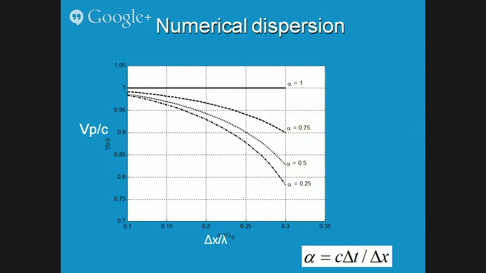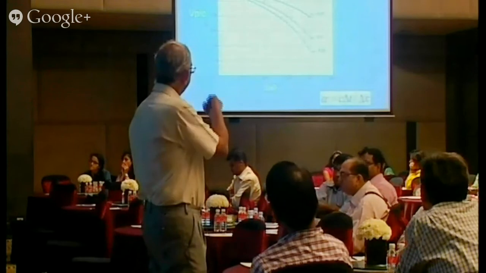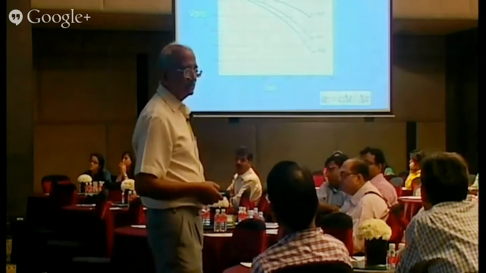And you can see that as the value of delta x increases, the space step increases, along the x-axis, the expected value for the free space Vp by c is supposed to be 1, dispersionless space. But Vp by c is becoming less than 1 because of the numerical dispersion. And as the value of delta x increases, the numerical dispersion increases.